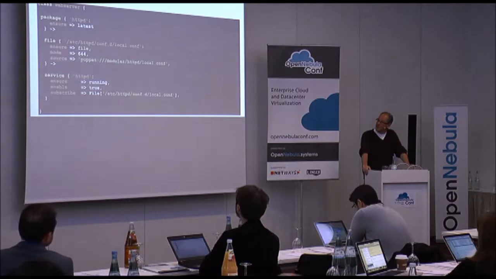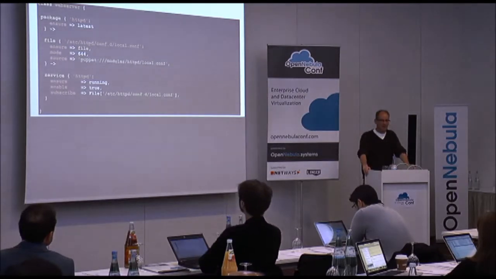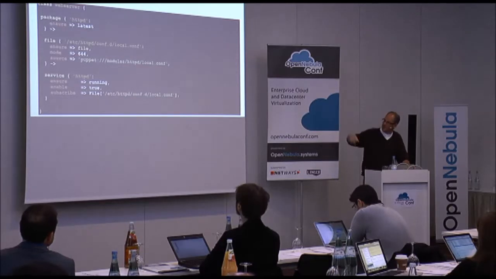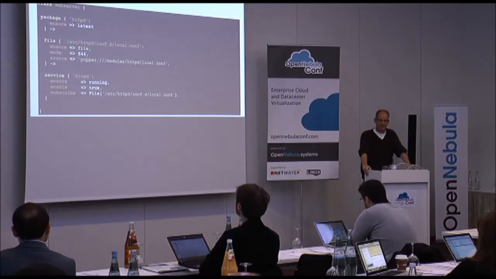What this says is, for us, a web server: when I say I want a web server, I want the HTTPD package installed. I want this one configuration file, where the source URL in the file area says it lives on the Puppet master and is downloaded. And once that file is in place, we also have to have the HTTPD service running and enabled, meaning when the machine reboots, it should come up.